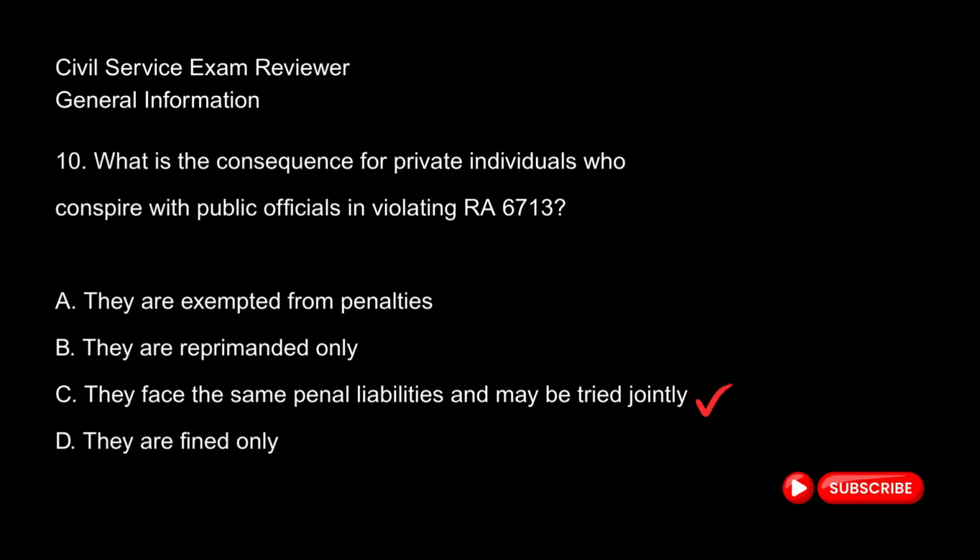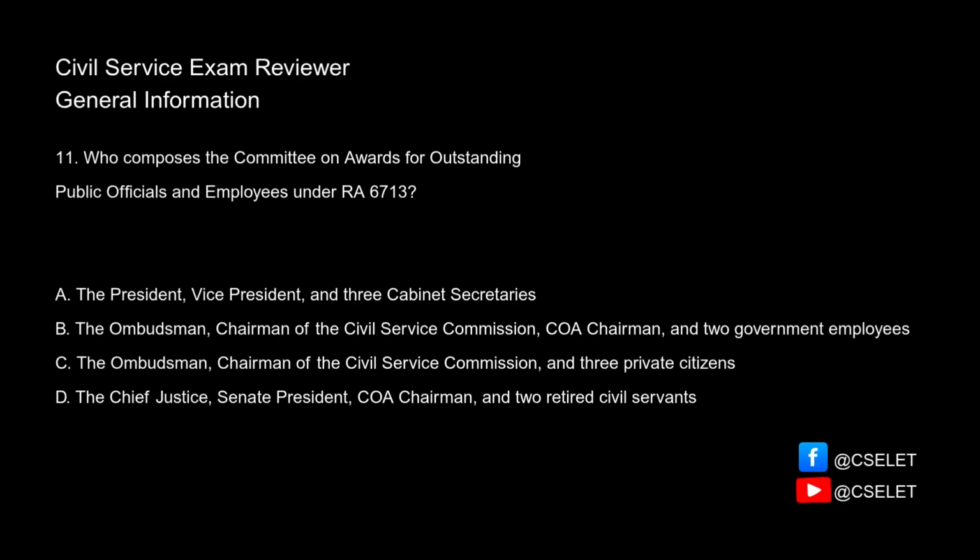The correct answer is letter C. They face the same penal liabilities and may be tried jointly. Who composes the Committee on Awards for Outstanding Public Officials and Employees under RA 6713? A. The President, Vice President, and 3 Cabinet Secretaries.